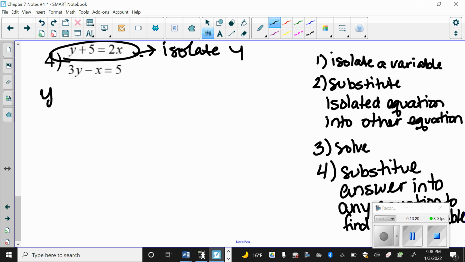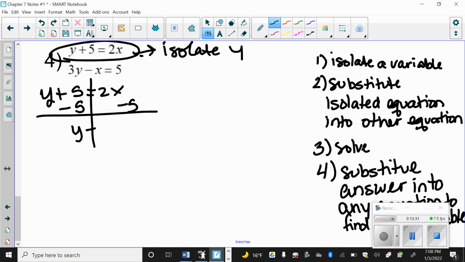So I have y plus 5 equals 2x. I get rid of the positive 5 by subtracting 5. So we get y equals 2x minus 5 because these are not like terms, so I cannot add them together.